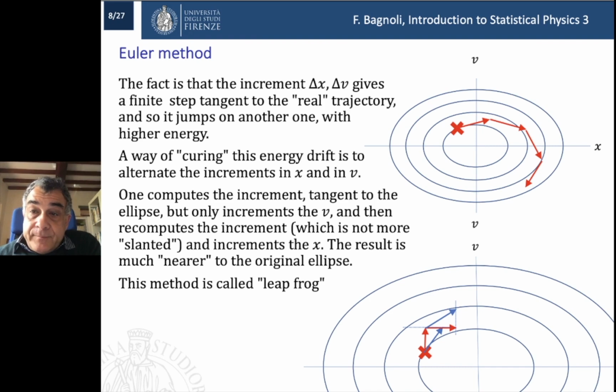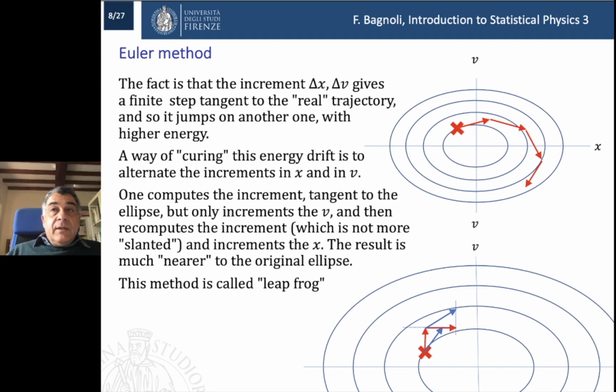But due to the form of this surface energy, so this is not true for all surface energies, this brings the trajectory inevitably on another say ellipse at higher energy, and again here we have to compute the energy, so I go to another surface of energy and to another, and so on. So for this particular shape of energy, Euler scheme inevitably causes increase in energy.